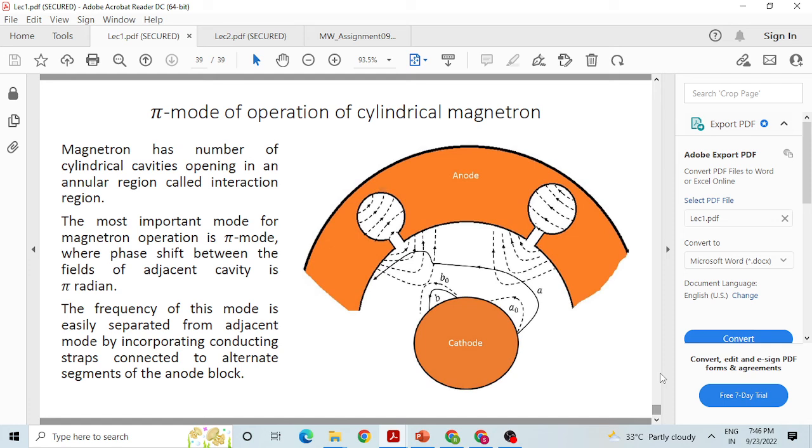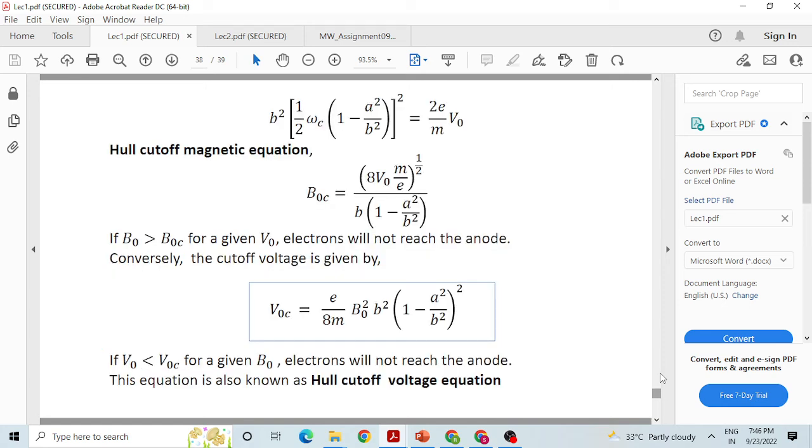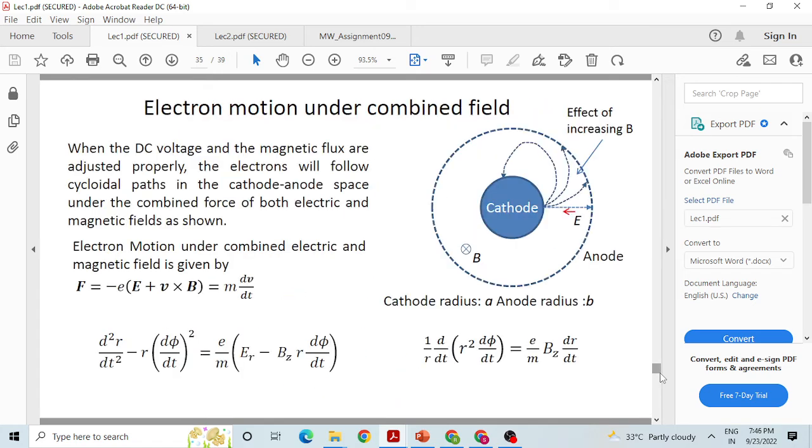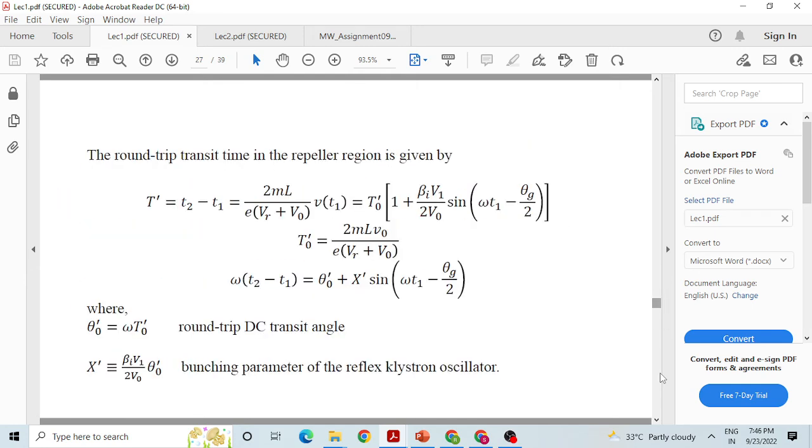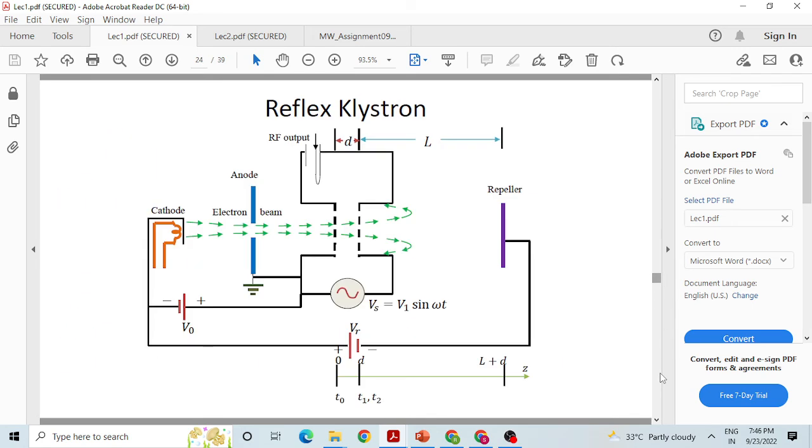Yes, ma'am. Now with your explanation, I have conceived some idea. And regarding reflex klystron, we have only a single cavity. The electron beam is passing through the cavity gap, right? Let me try to understand. Reflex klystron has only one cavity. Yes. So what is your question?